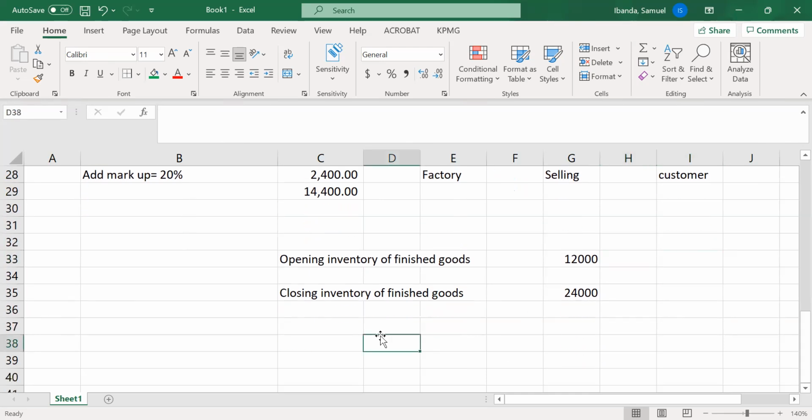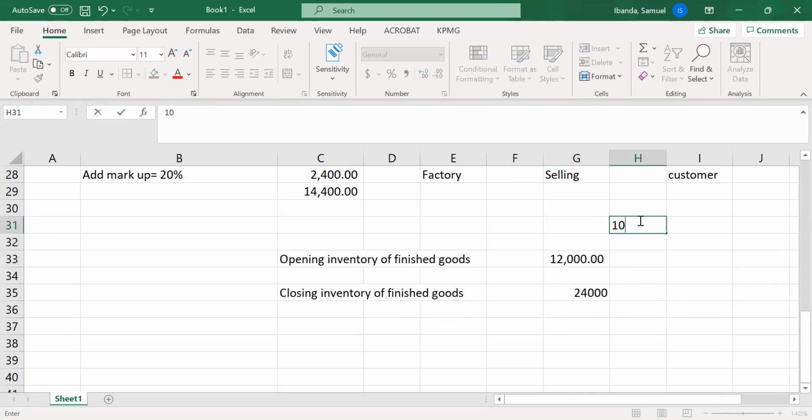First, you need to understand how to calculate the unrealized profit. If, for example, you are given goods, like the 12,000 I've given you, in most cases these are figures you need to use to calculate the profit. They can give you, let's say, a markup of 10%.